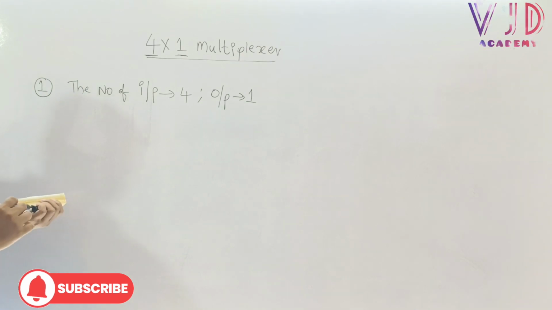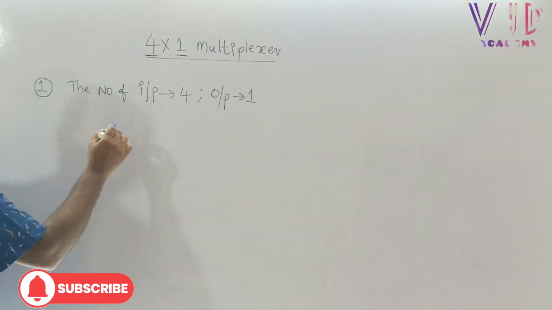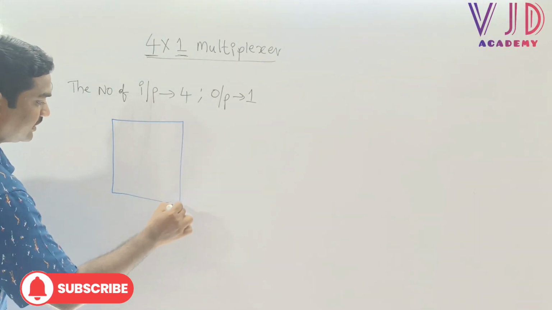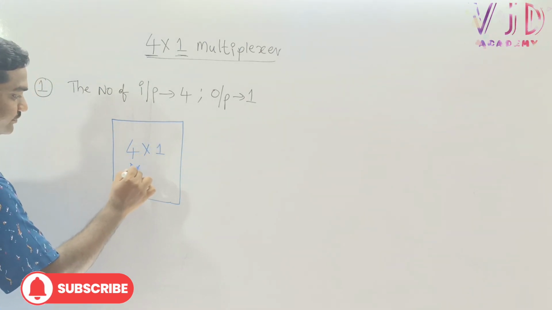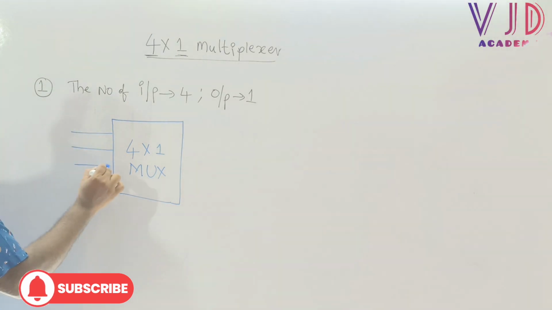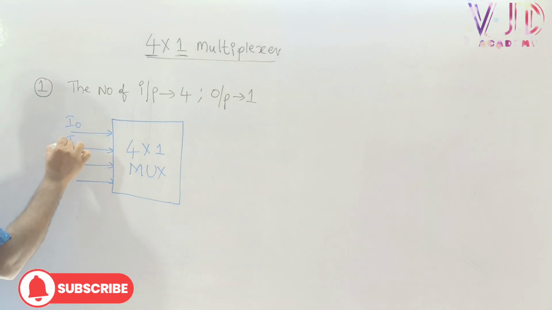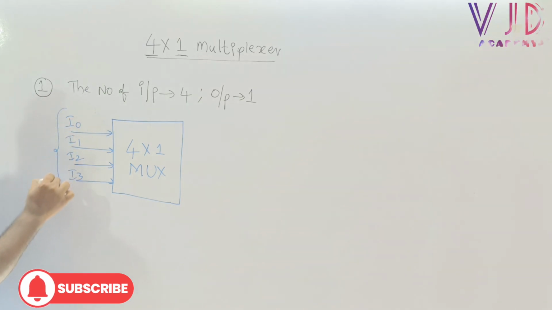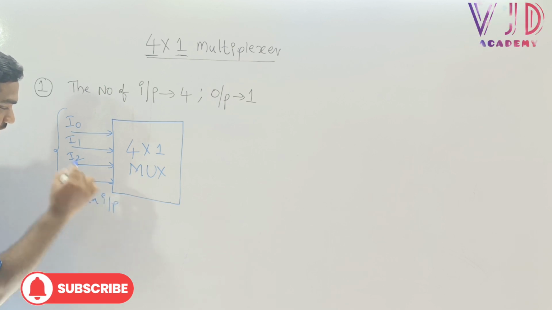Coming to the block diagram of the multiplexer, the internal circuit diagram of the multiplexer, I want to write it like this: 4-in-1 mux. It has 4 inputs, which are I0, I1, I2 and I3. All these are data inputs.